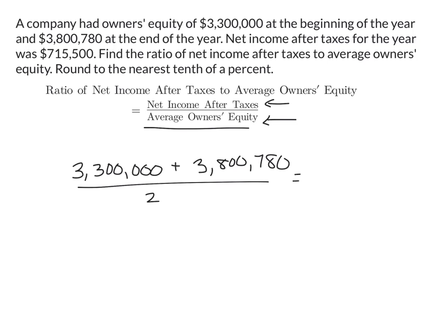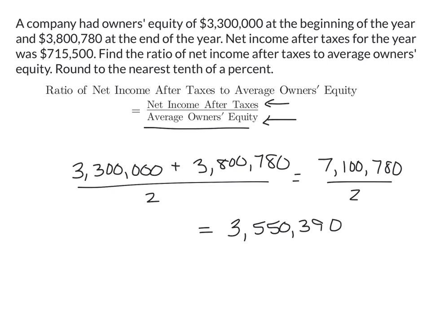When we add those two values together, we get $7,100,780. And when we divide by 2, we get an average owner's equity of $3,550,390. So we're going to take this value and plug it into the denominator to find the ratio of net income after taxes to average owner's equity.